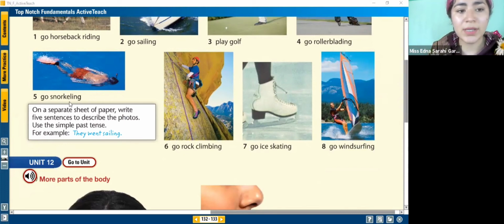He went snorkeling, for example, I don't know, he went snorkeling to Los Cabos, for example. Okay, number 6, go rock climbing.